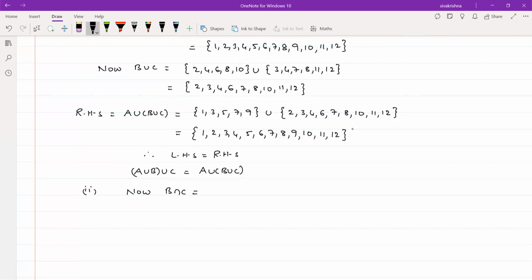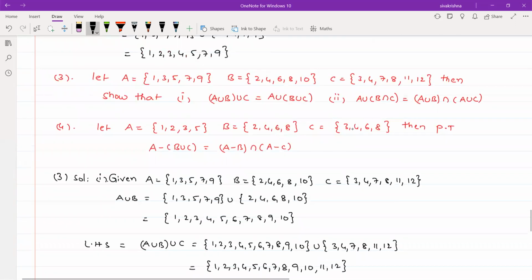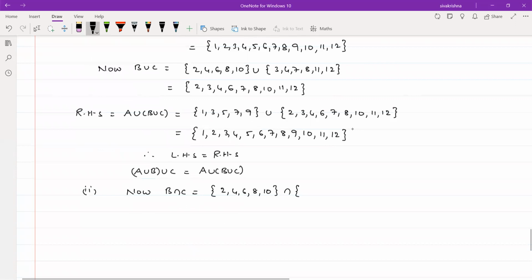B intersection C is equal to: in set B, we have the elements 2, 4, 6, 8, 10, intersection, and in set C, we have the elements 3, 4, 7, 8, 11, 12.